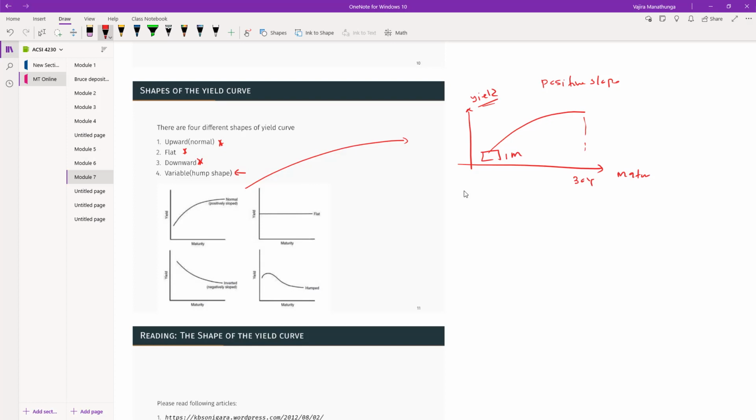So what's happening? If you are an investor, you are asking for a higher yield for 30-year bonds than for the one going to mature within 1 month, very soon. The reason is basically that you are expecting economic growth.